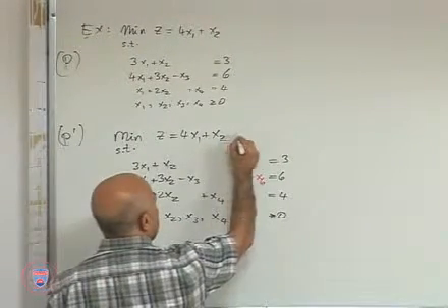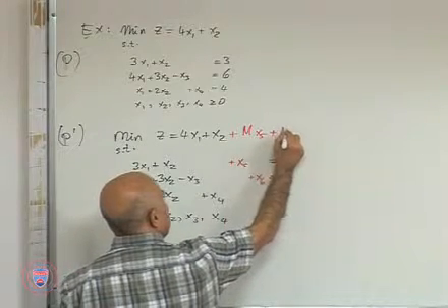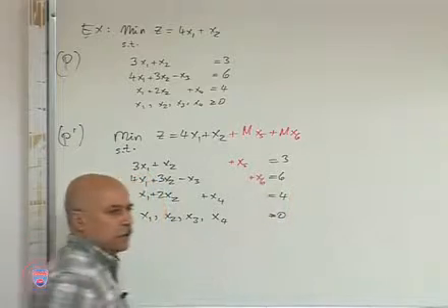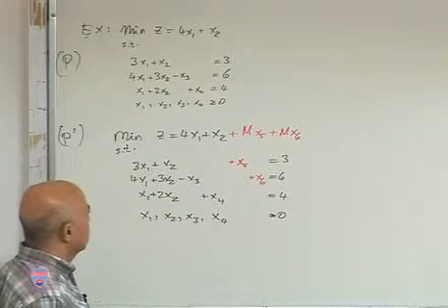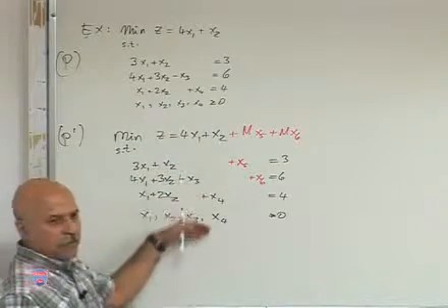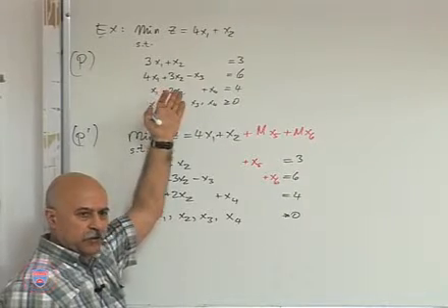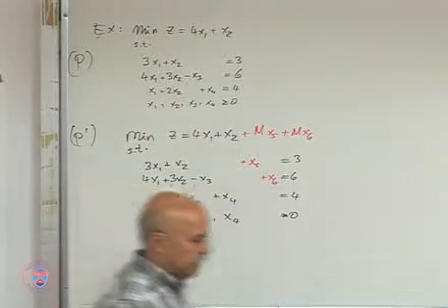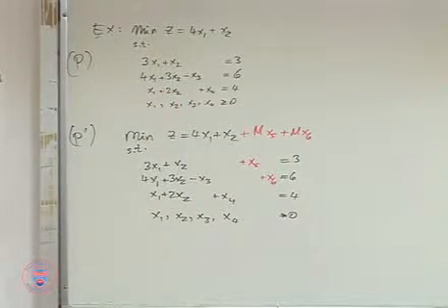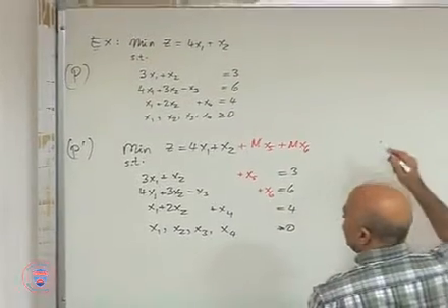And of course, for that reason, we penalize x5 and x6 in the objective function. That's your new problem. And we hope to get an optimal basic feasible solution to this problem, which is also optimal to the original problem. Okay? So, we solve P prime.